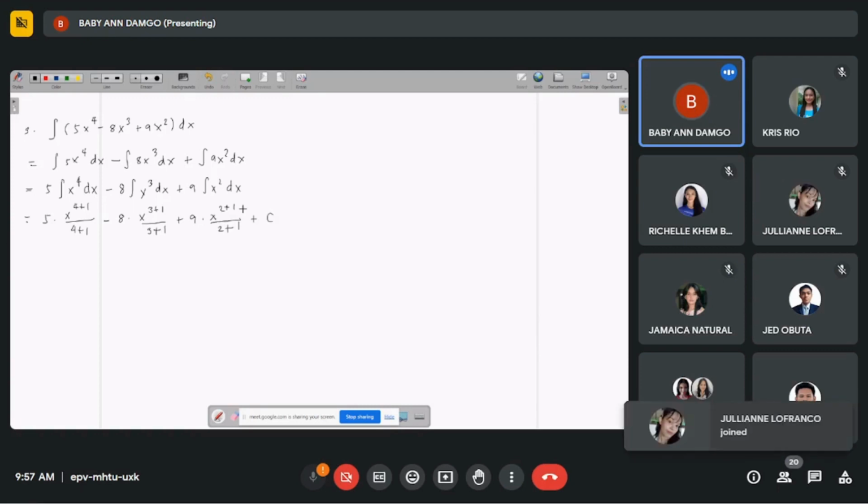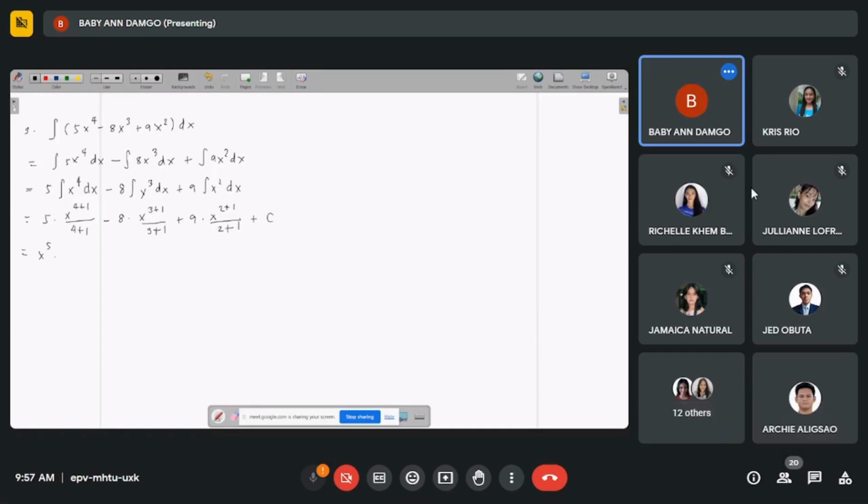Okay, so simplify. So since the denominator is 5, so na-cancel running no? So we have here x to the 5th minus. So the denominator here is 4, so 8 over 4 is 2. So we have 2x to the 4th plus, so the denominator is 3, so we have 3x cubed plus c. Okay, so this is the final answer.